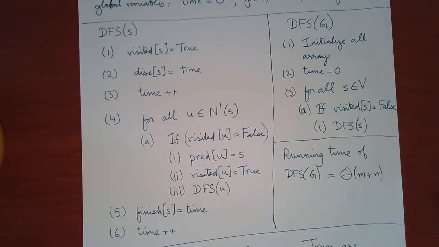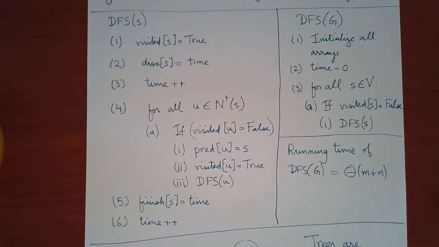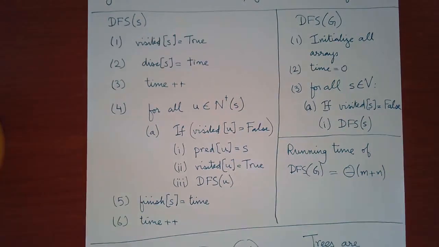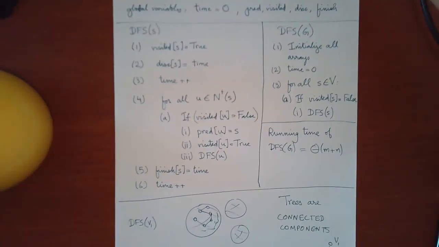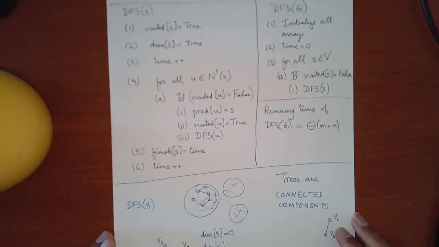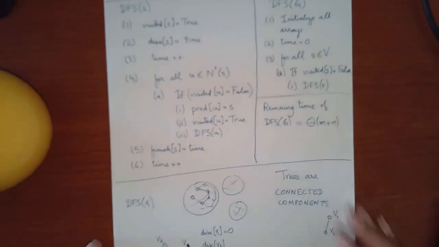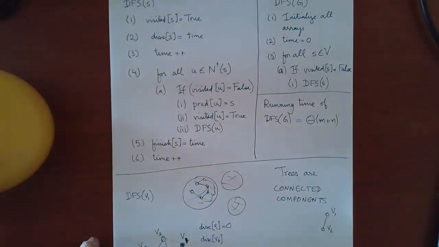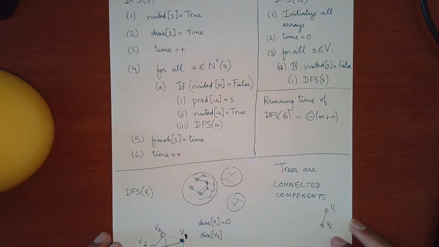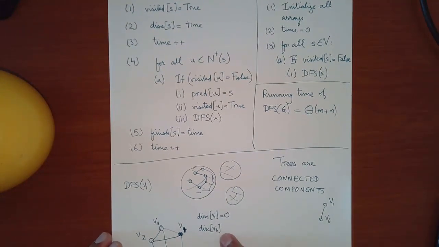So let me show you that code again. Remember, the clock is ticking. Maybe I'll zoom out a bit so that you can see the entire page. Okay, so what is the discovery time of V6?